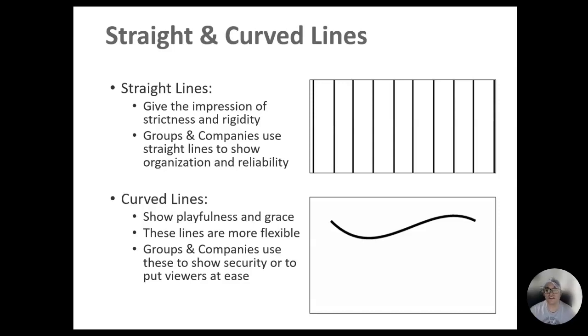You tend to see these more in bigger companies that want to showcase professionalism. Definitely more rigid schools, like Harvard and these areas, you tend to see more consistency within their designs.